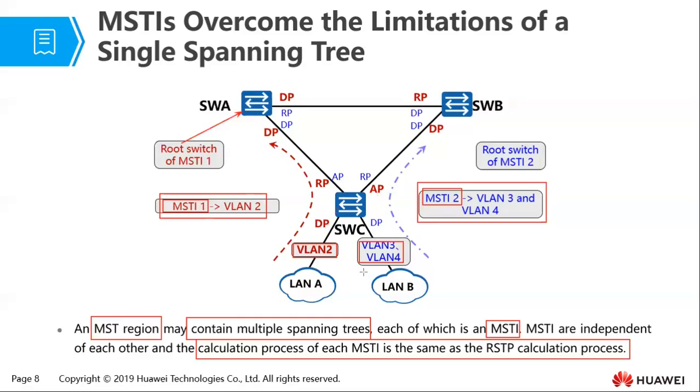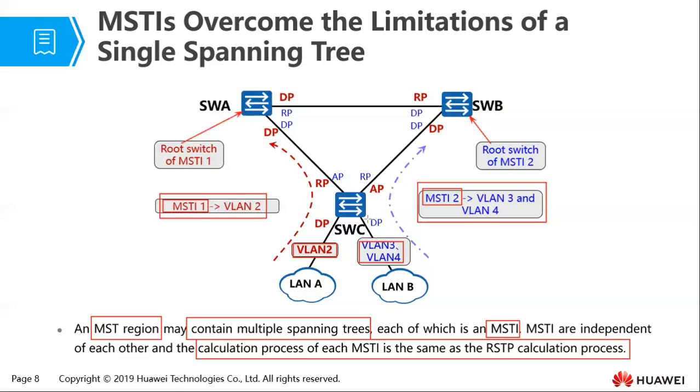Let me go ahead and talk about MSTI 2. For MSTI 2, we've configured switch B as the root. So when we configure switch B as the root, then this is the alternate port. So this port here has been blocked. So traffic from VLAN 3 and VLAN 4 cannot pass through this link, because that particular port has been blocked.